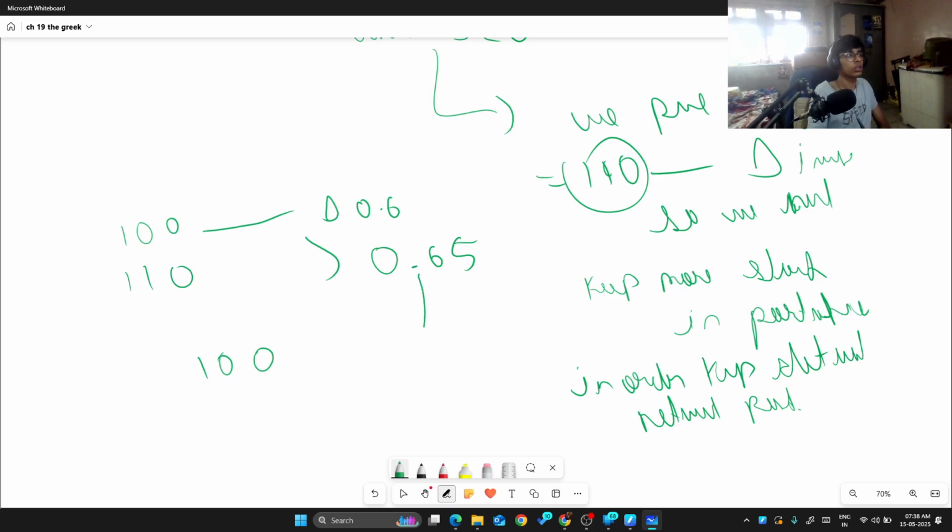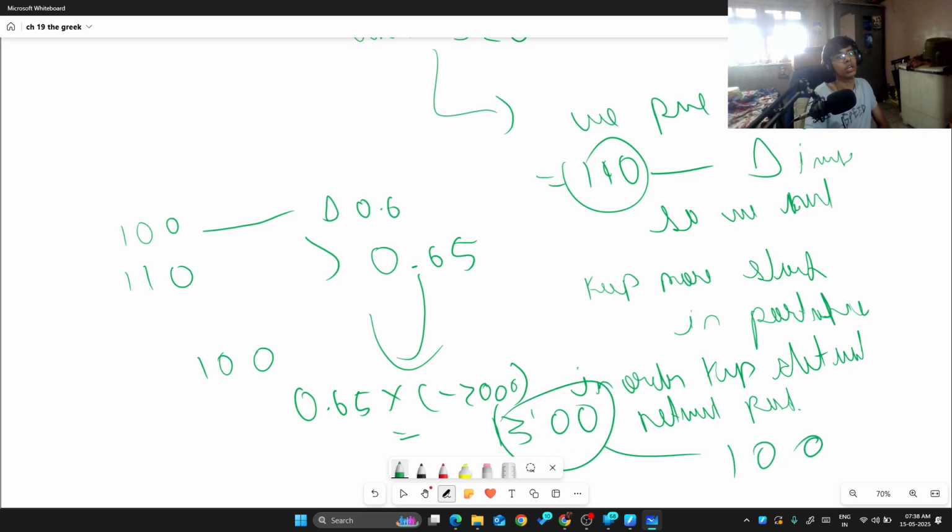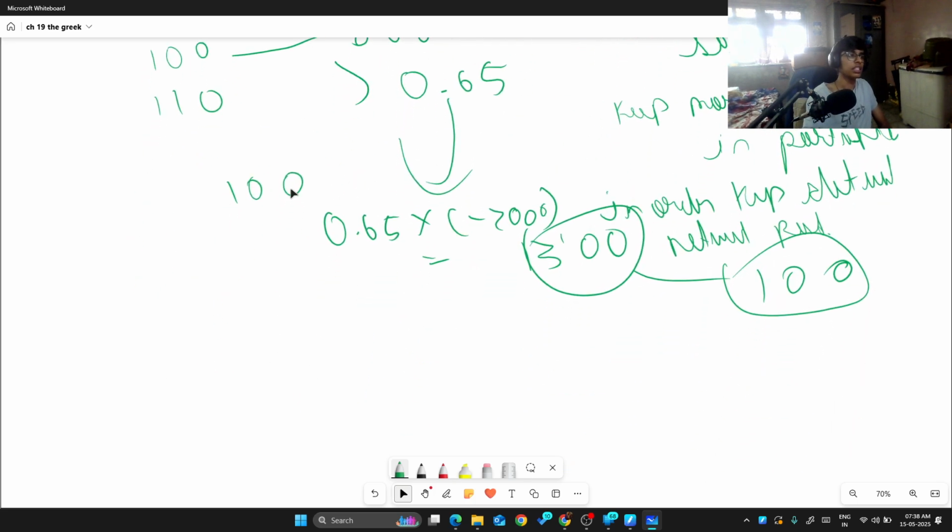So you have to keep that much. 0.65 into minus 2000, that gives us extra 100 share, that is 300 share. You have to buy more 100 share in order to keep the risk neutral, delta neutral portfolio, and that is called dynamic hedging.